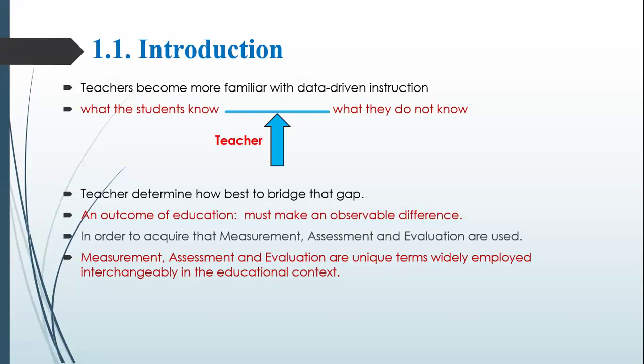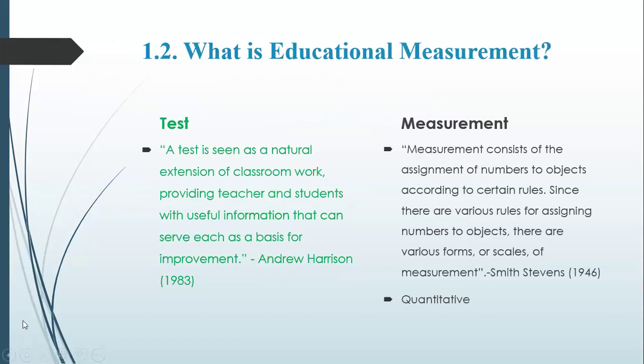That is why we study this unit. Measurement, assessment and evaluation are unique terms, but they are used interchangeably. At the end of this session, you will understand that they are interrelated with each other. Let's move into the next slide.